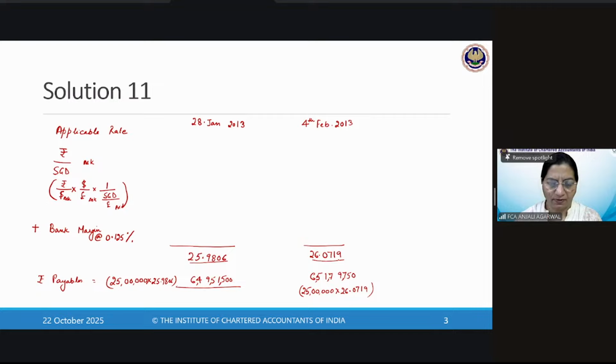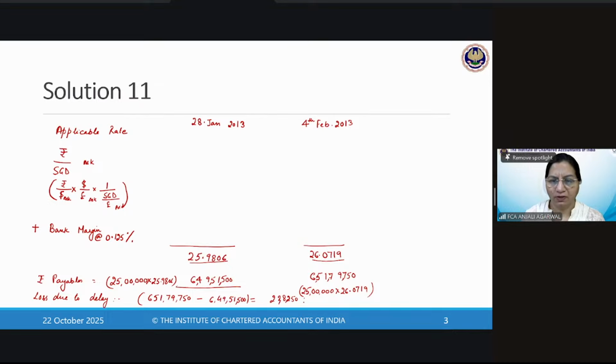Loss due to delay: 6 crores 51 lakhs 79,750 minus 6 crores 49 lakhs 51,500, which is equal to 2,28,250.